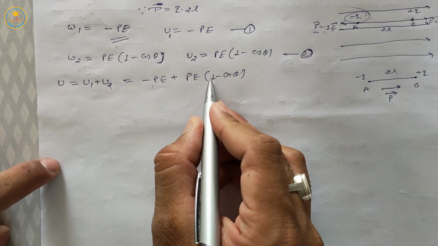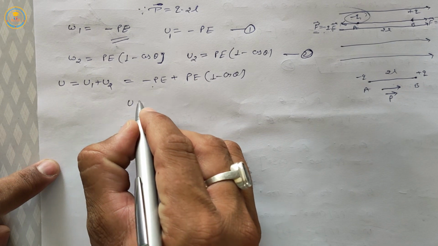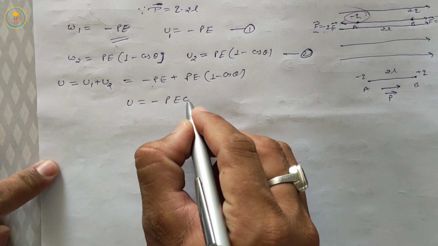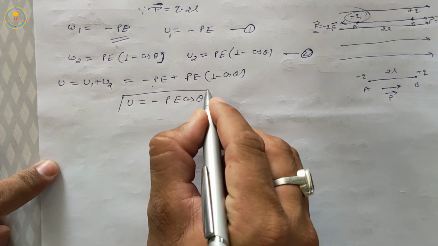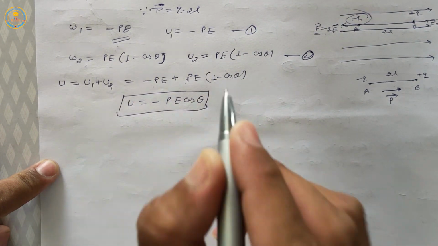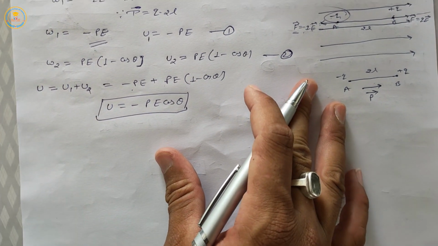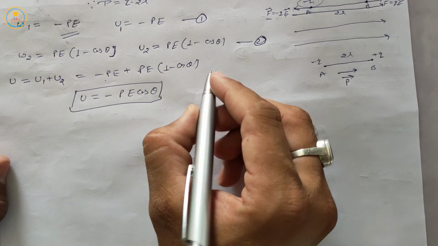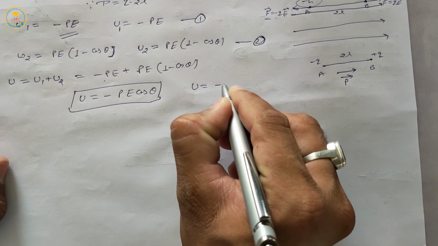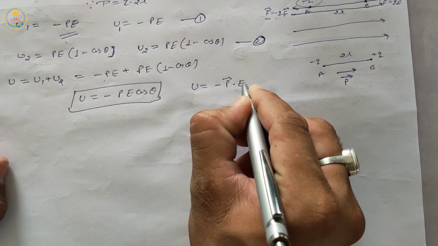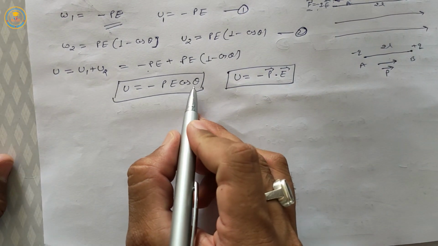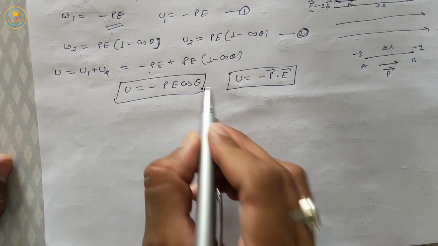Minus pE plus pE cancel out, then we get U is equal to minus pE cos theta. This is the electric potential energy at angle theta of an electric dipole in an electric field. In vector form, U is equal to minus p vector dot E vector. If we remove the dot product, then we get cos theta.